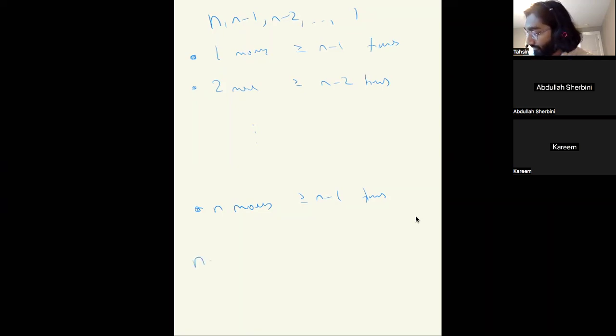So it's approximately n times 3n over 4, divided by 2, which is 3n squared over 8, which is more than n choose 2, right? Because this is about n squared over 4.